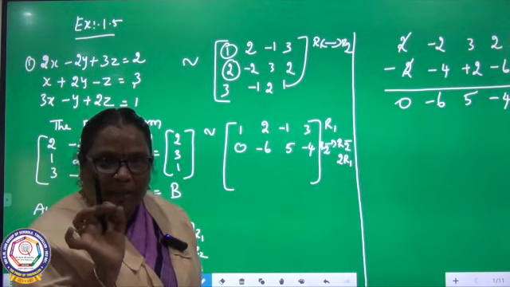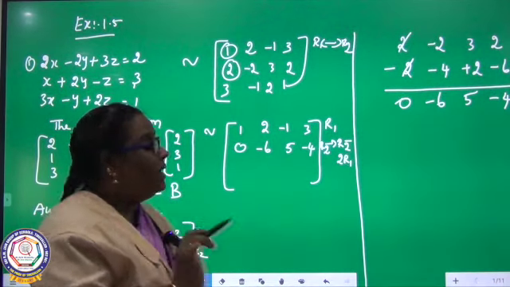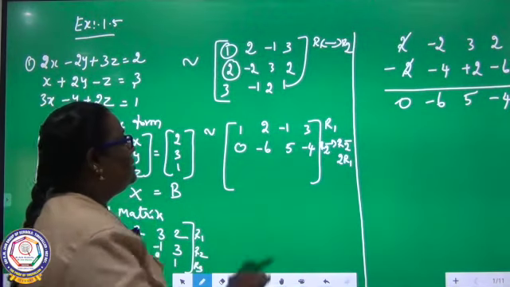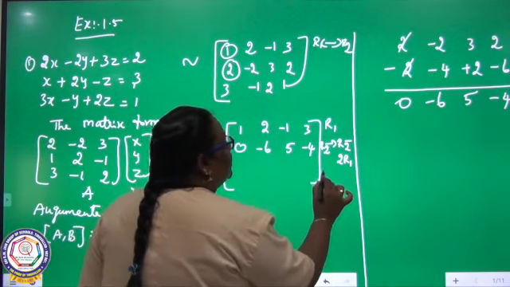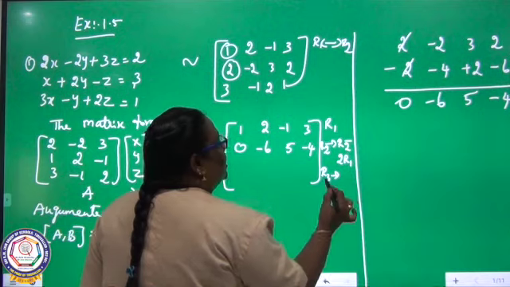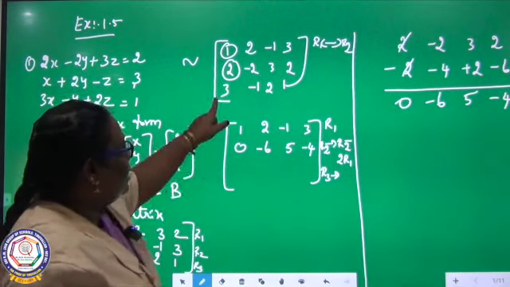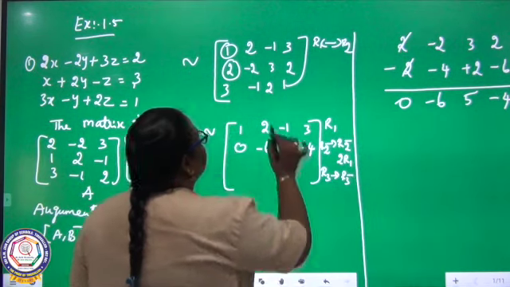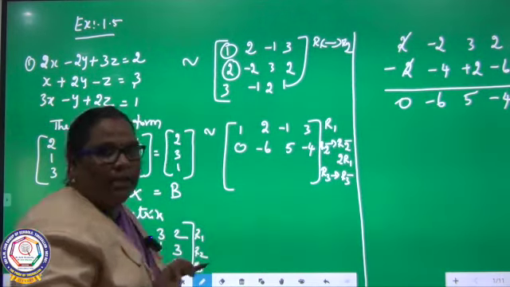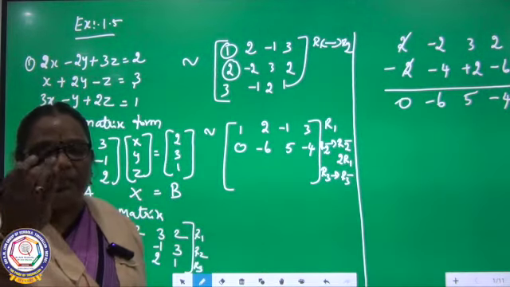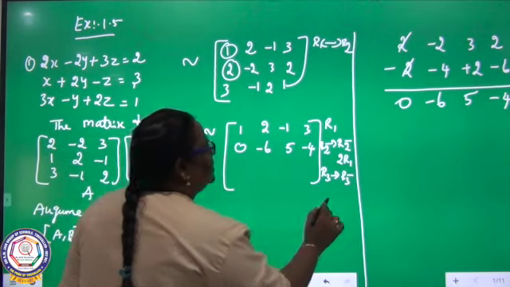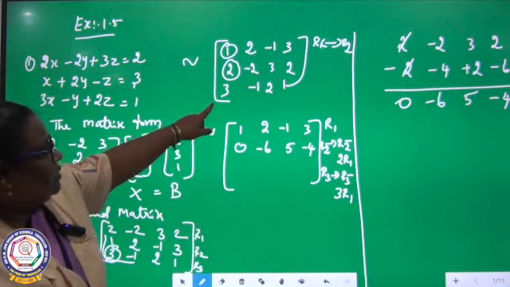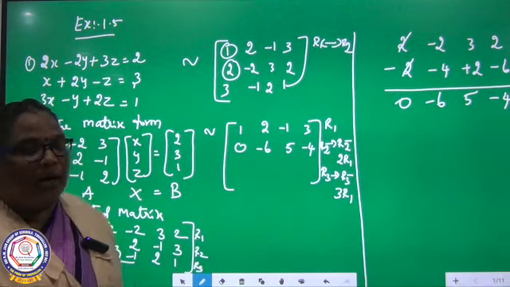The R3 first term, A31, is 3, and A11 is 1. R3 gives R3 minus 3R1.